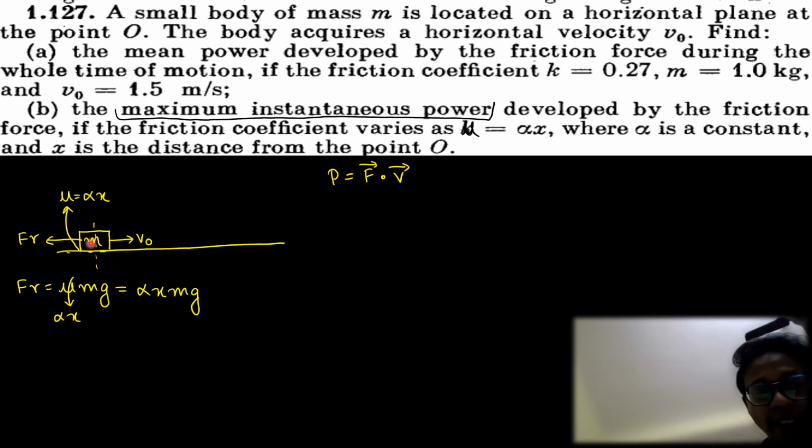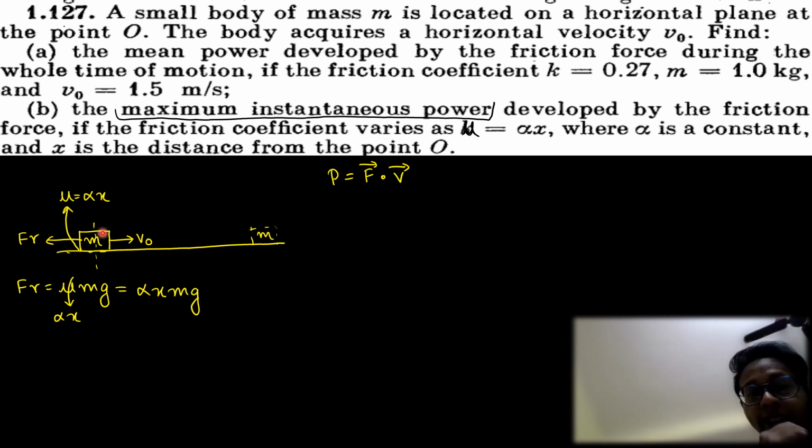So initially it will have a minimum value of friction force and a maximum value of velocity. After some time, the friction force will increase, which will decelerate the mass m, and finally the mass m will come to a stop, and we'll have the maximum value of friction force and minimum value of velocity.